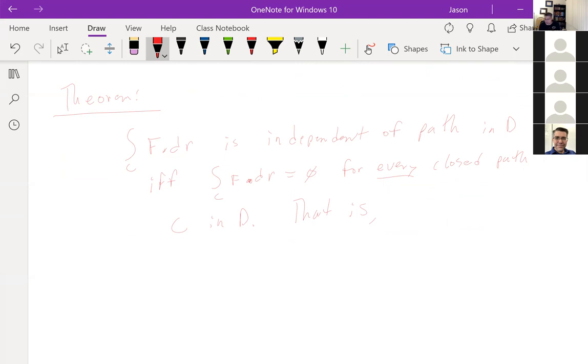It's independent of path if and only if. This is what IFF means: if and only if. The line integral is equal to 0 for every closed path.